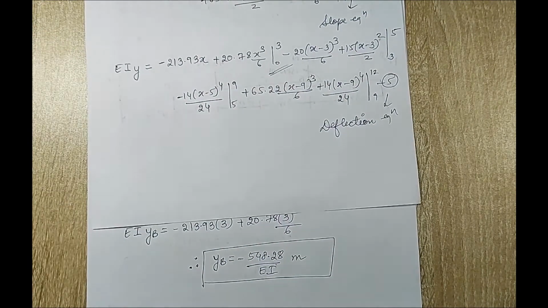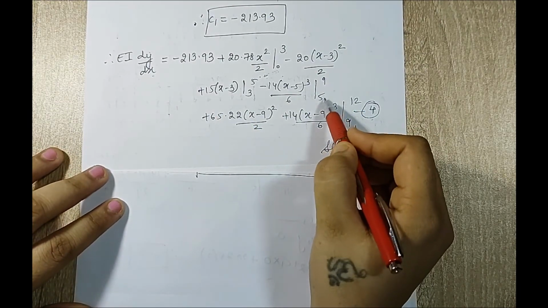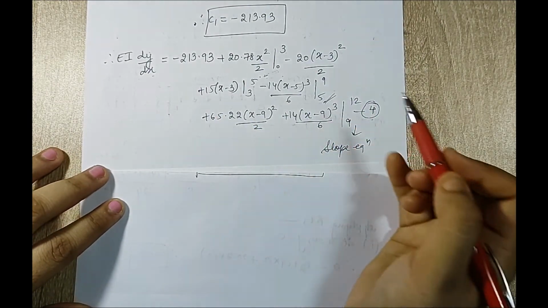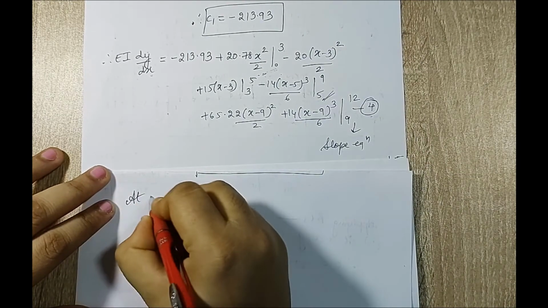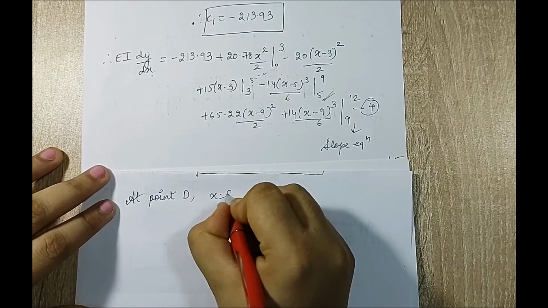And last, I am supposed to calculate the slope at point D. So for point D, the value of x is 9. So up to this portion, I have to write down the equation. So at point D, x is 9 meter.